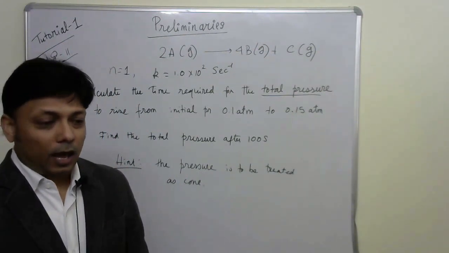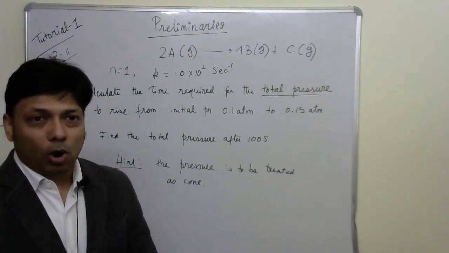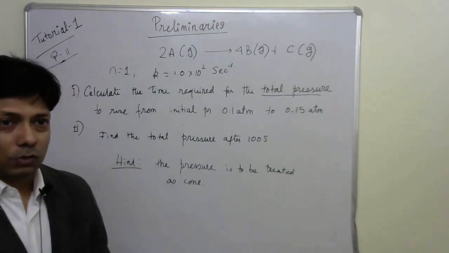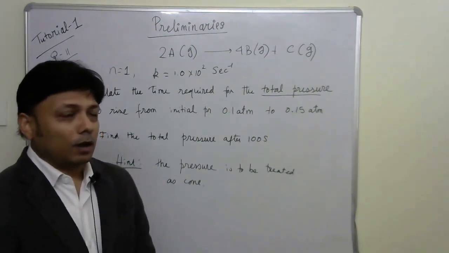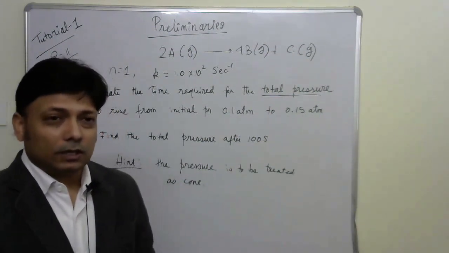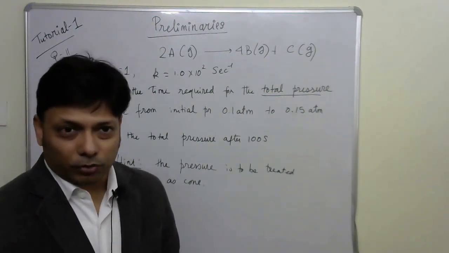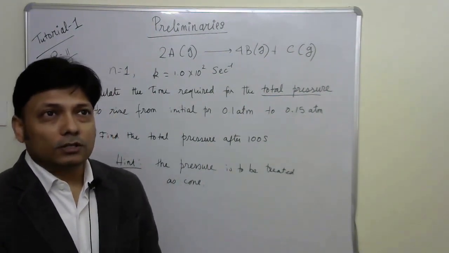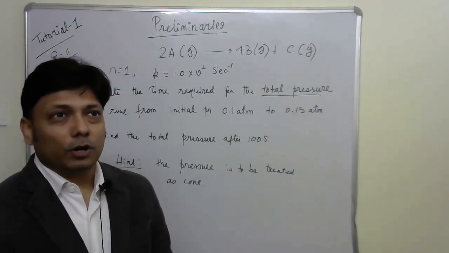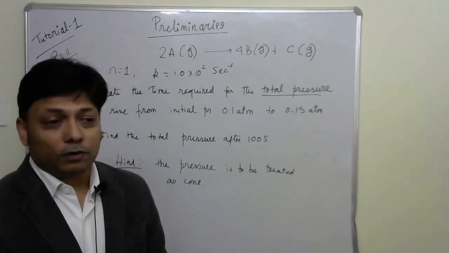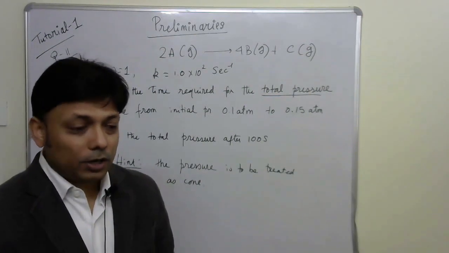Okay. And we had one more problem left in this tutorial, that was question number 12. But the question deals with a free radical chain reaction, and it contains the Bodenstein mechanism of formation of HBr.